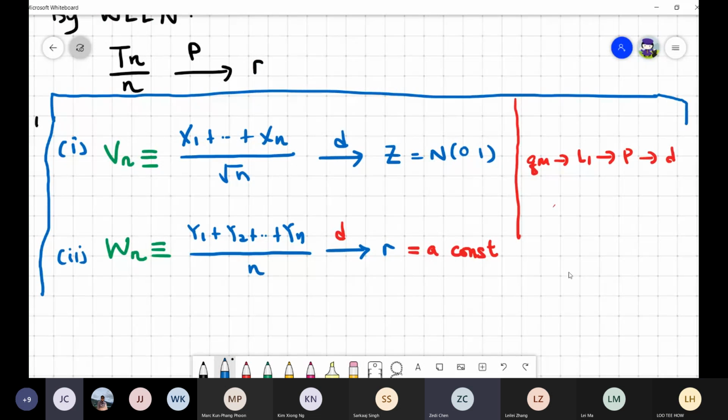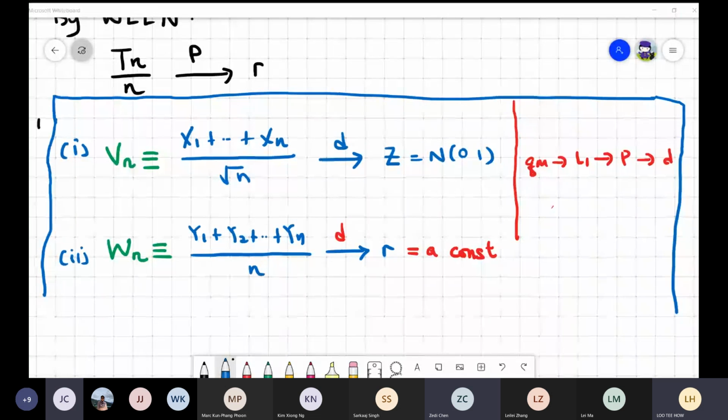This one converges to Z in distribution. This one converges to r in distribution, and r is a constant. Now you refer back to the theorem. This is the so-called Slutsky's theorem. Where's my theorem?